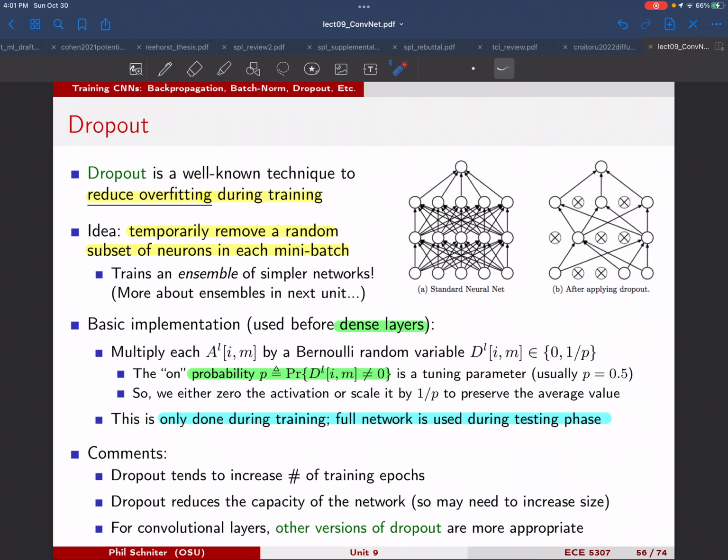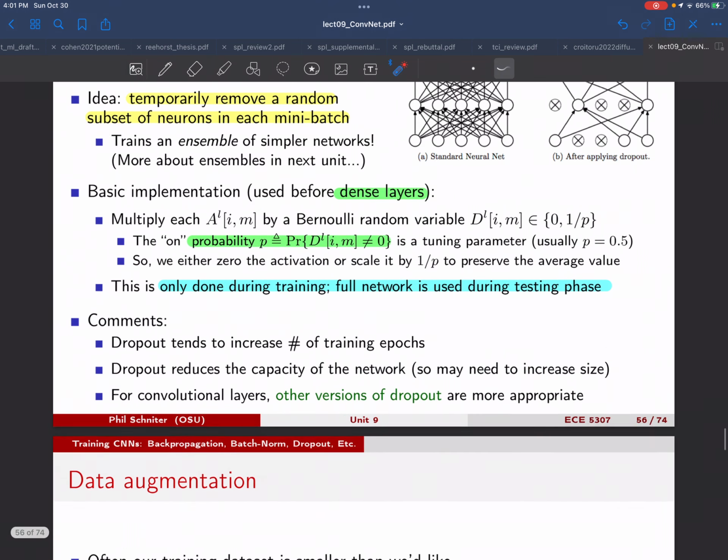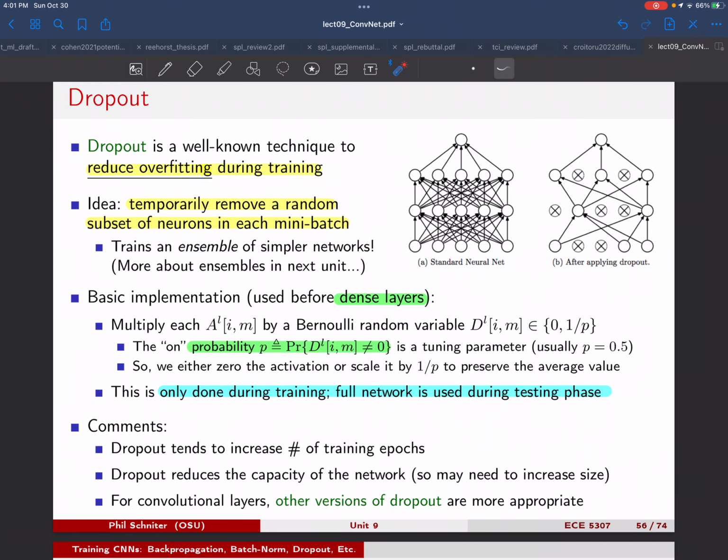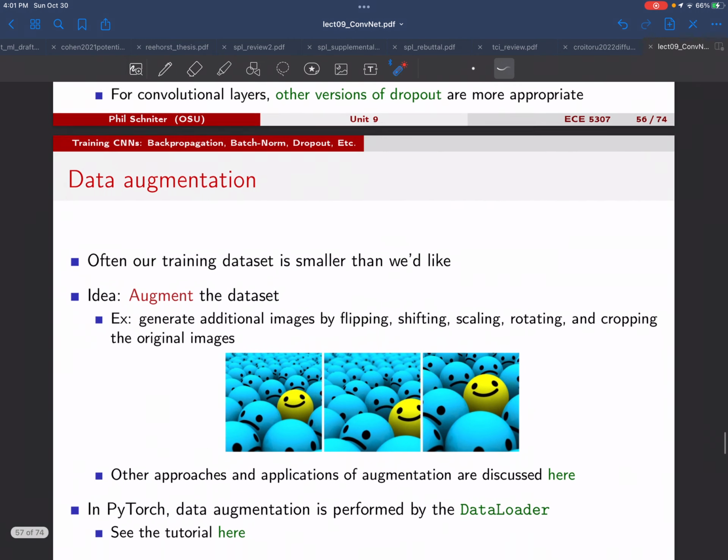And like I mentioned, for convolutional layers, there are other versions of Dropout, although I haven't seen them used very much. Okay, we'll see an experiment with dropout in a couple slides.